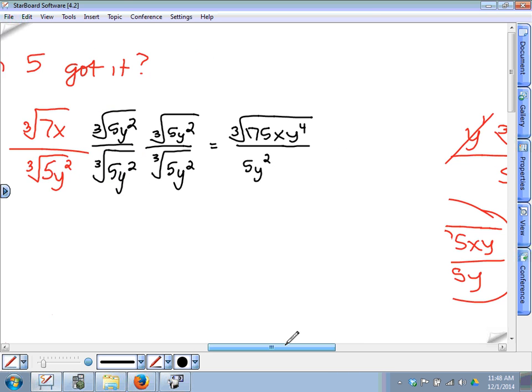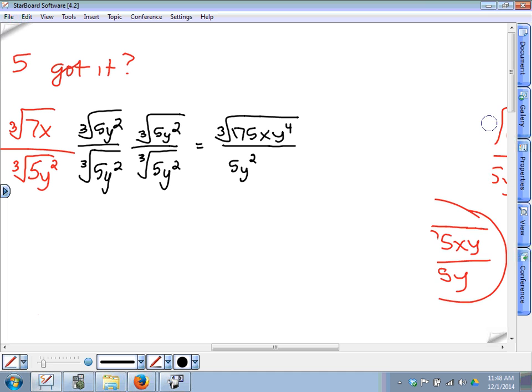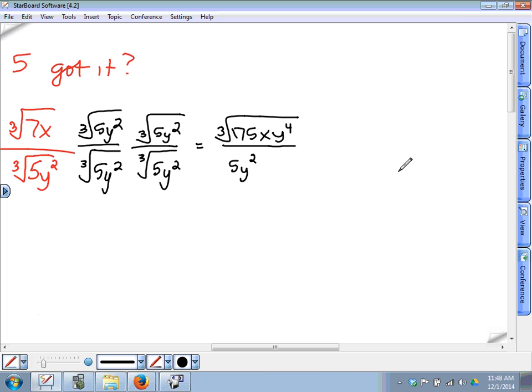Okay. Now, anytime you have an exponent that's higher than the root, that means you're not fully simplified. I mean, this 4, isn't that bigger than 3? So we got to simplify that. How many times does 3 go into 4? So there's going to be a y to the 1st power.